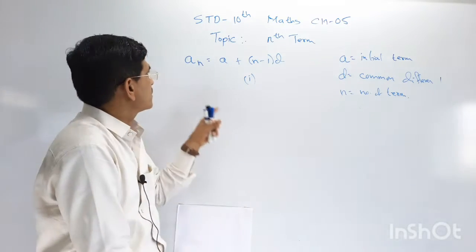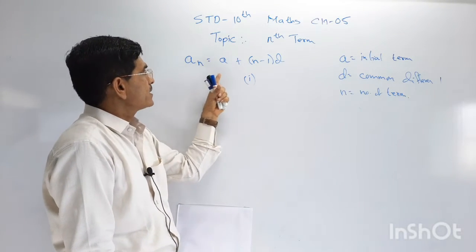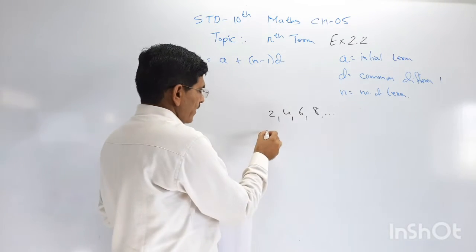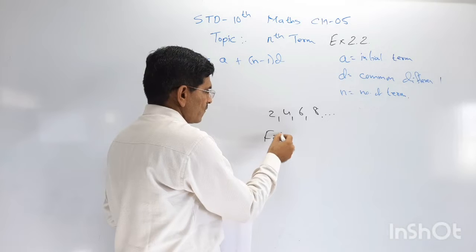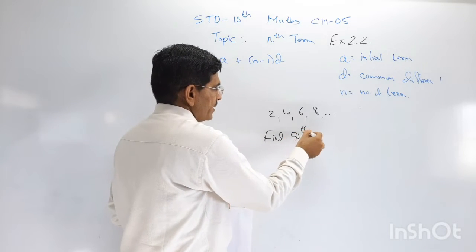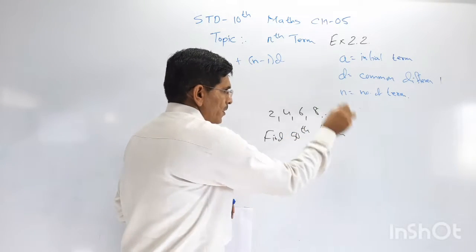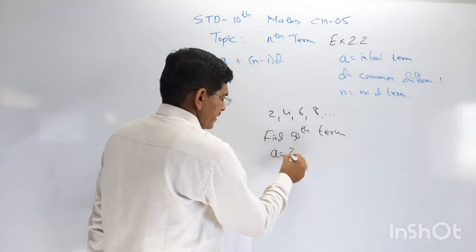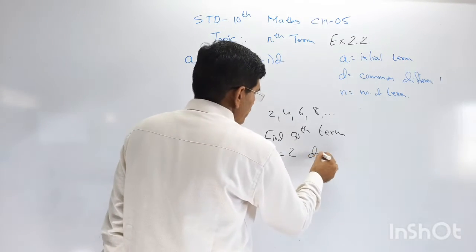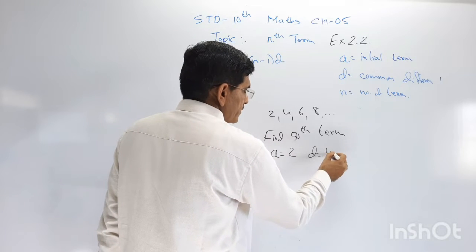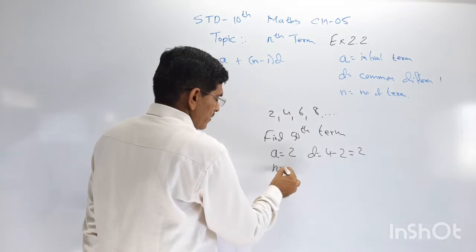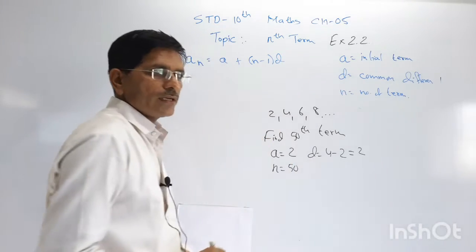Today we want to discuss the formula an is equal to a plus (n minus 1)d. If I ask to find the 50th term, what do I have to use as a? I have to use a as 2. Difference d is 4 minus 2, that is 2, and n is equal to 50.